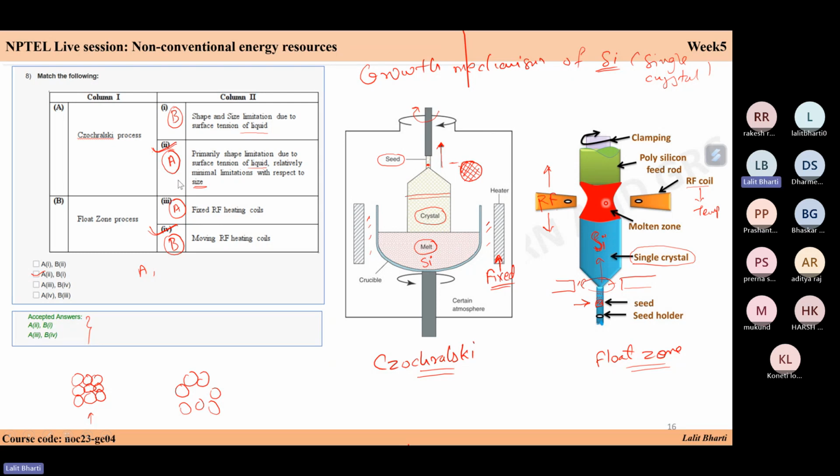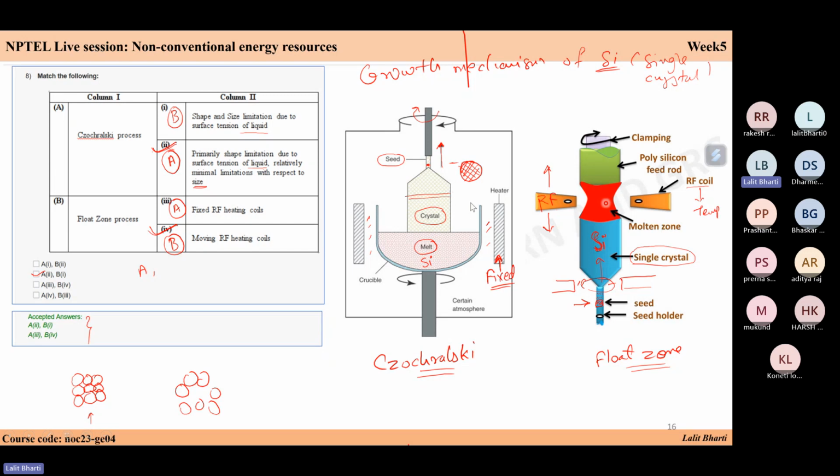But in the Czochralski method, there is relatively minimal limitation with respect to shape. Here the size is the main limitation, because the seed has limited potential to make well crystalline material.